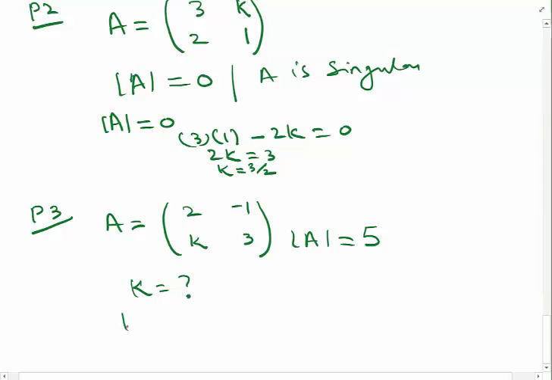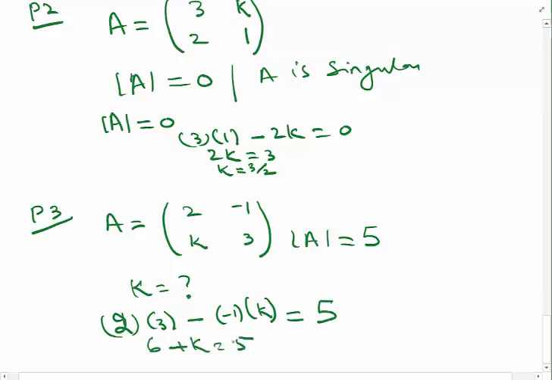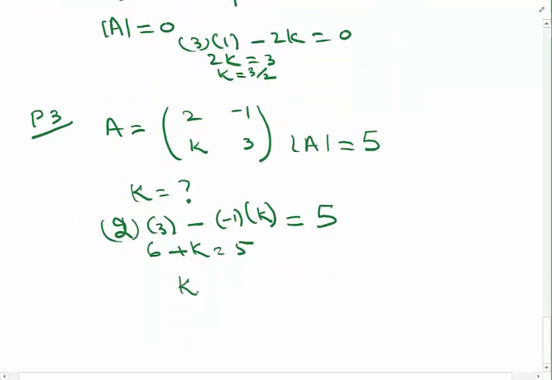So first we need to find the expression for the determinant: the product of the members of the main diagonal minus the product of the members of the secondary diagonal should be equal to 5, meaning 6 plus k is equal to 5, meaning k is equal to minus 1.